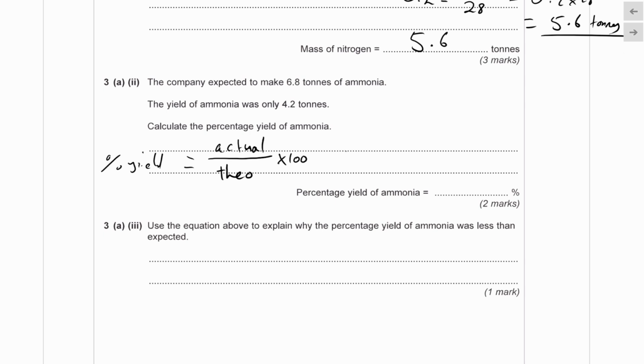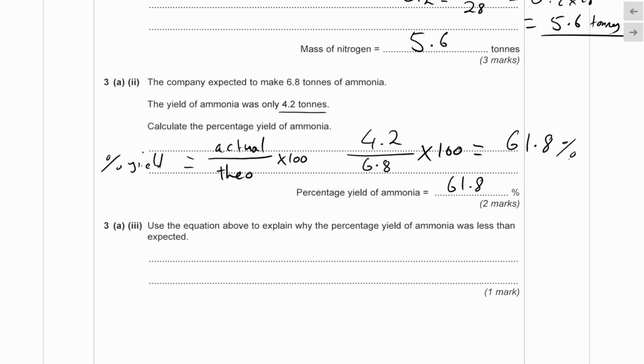So let's just sub in numbers. What was the actual yield? It was 4.2 tons. And the theoretical amount was 6.8 tons. So we do that sum, and then we times that by 100, and we'll end up with our percentage. And if you do that, you end up with an answer of 61.8%. That's rounded to 1 decimal place. Okay, let's put that percent sign in there.